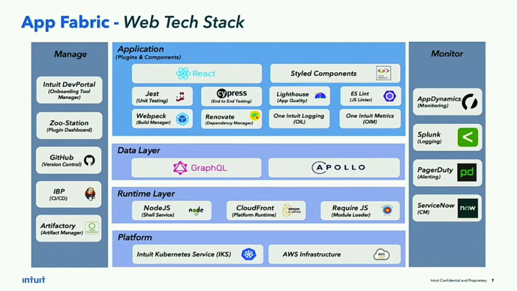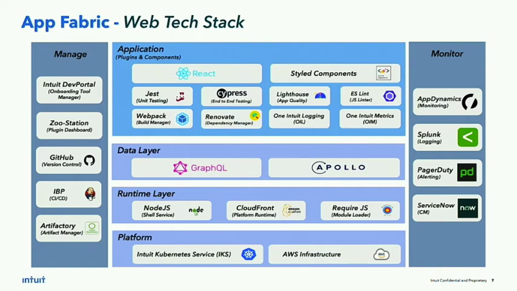We use the AWS platform to host the Kubernetes services. On top of it, we do it in Spring Boot or Node.js, CloudFront, and any of the AWS services that we need. And then there are a bunch of other internal tools that we use, like AppDynamics and other things.